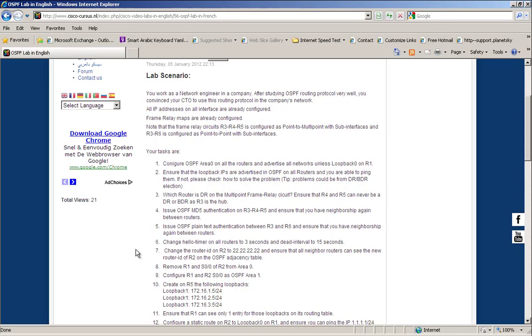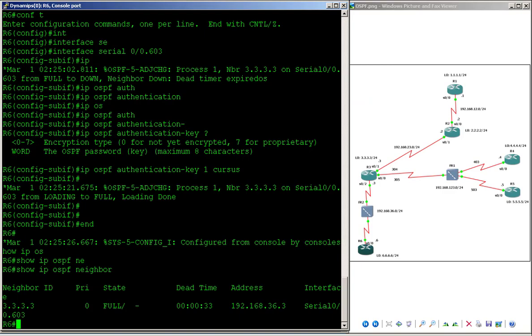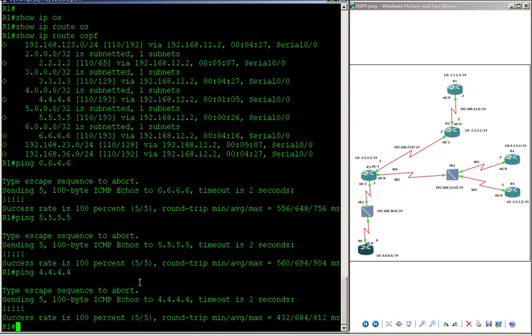Alright, next step: change hello timers on all routers to 3 seconds and dead interval to 15. I'm not going to do that, but I will show you on one router how to do it. But you should do it on all routers, otherwise you will lose neighborship.